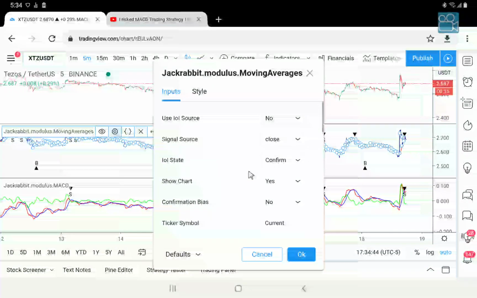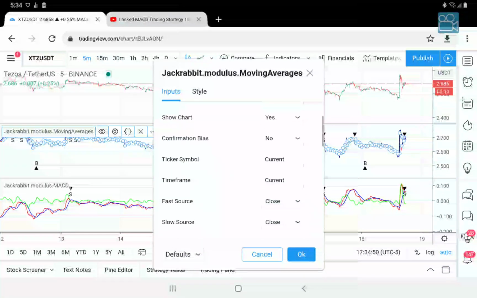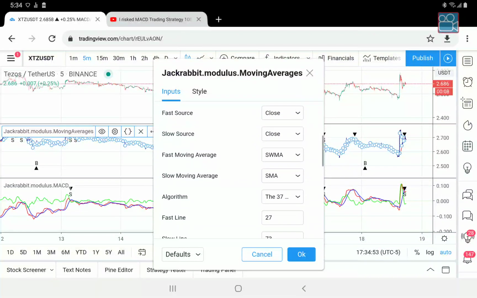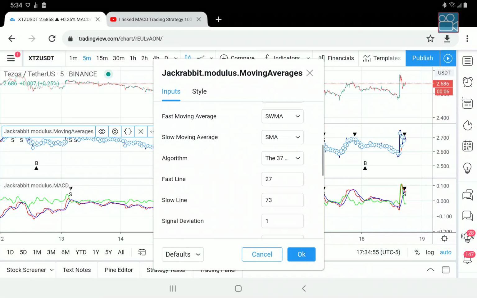So all of this is pretty much your cookie cutter default, until we get to here. The fast moving average is the sine wave moving average, SWMA.